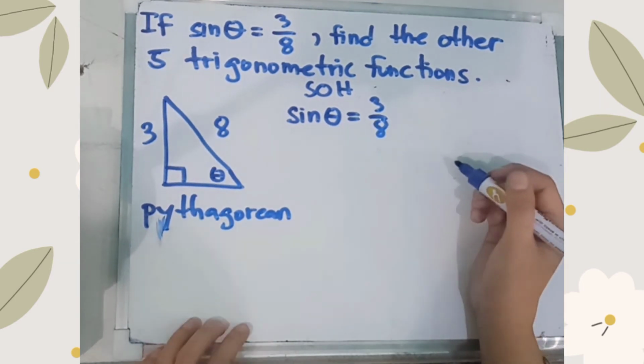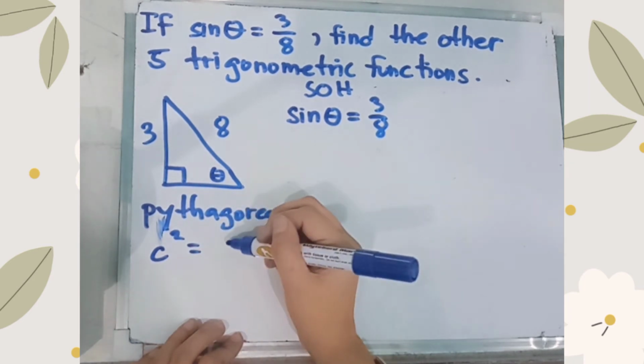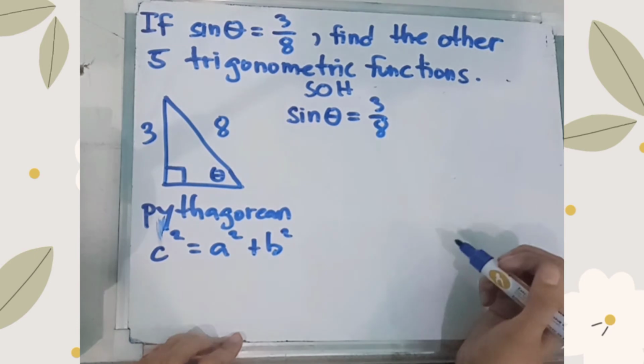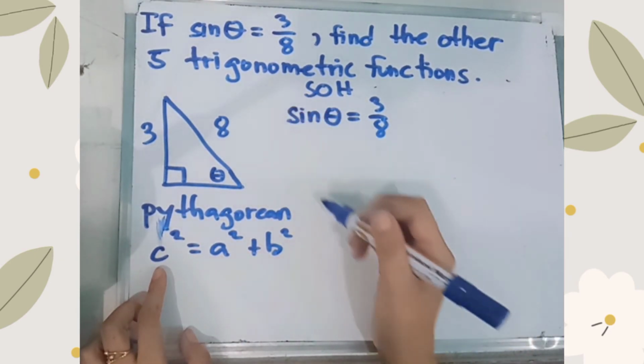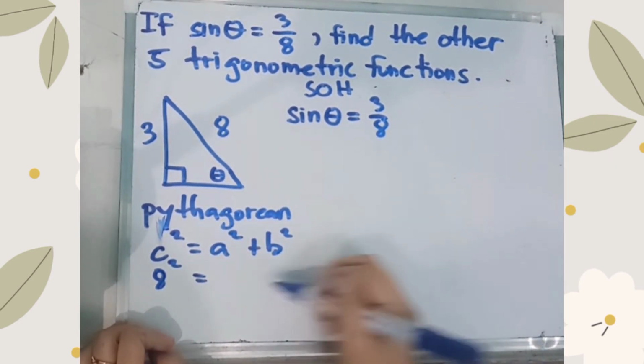The Pythagorean theorem is c squared equals a squared plus b squared. c is our hypotenuse, so that's 8 squared. Our a is 3 plus b squared.